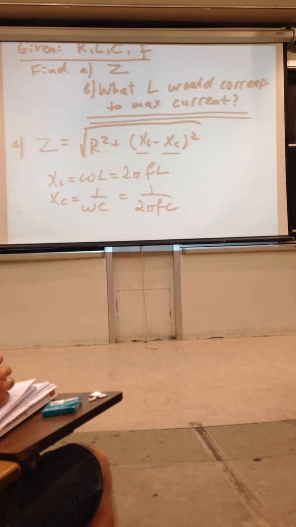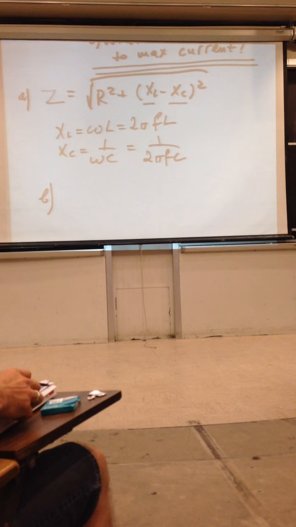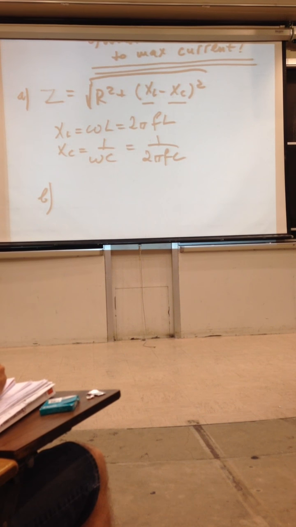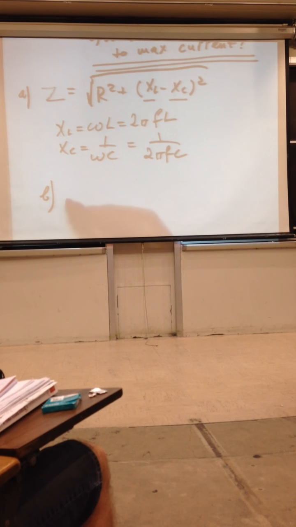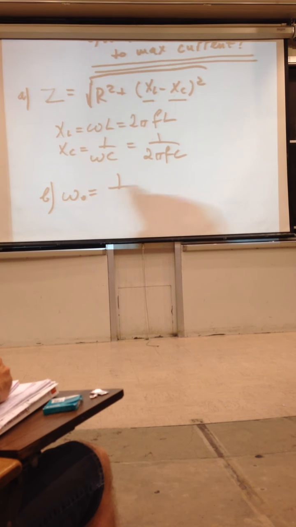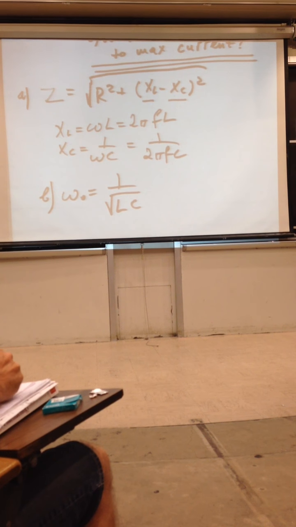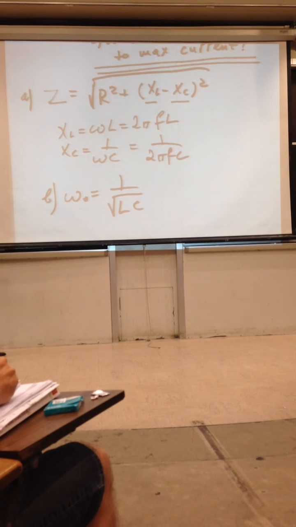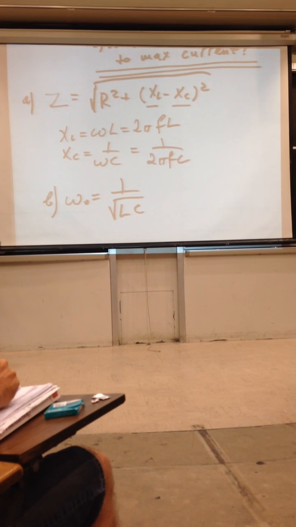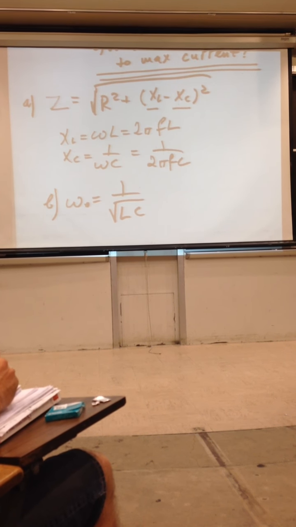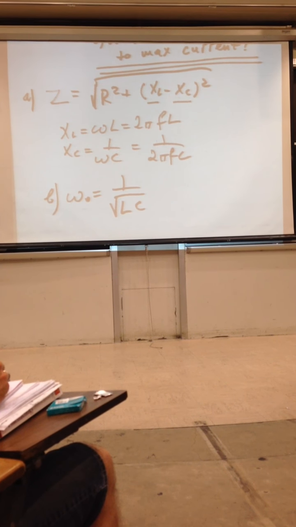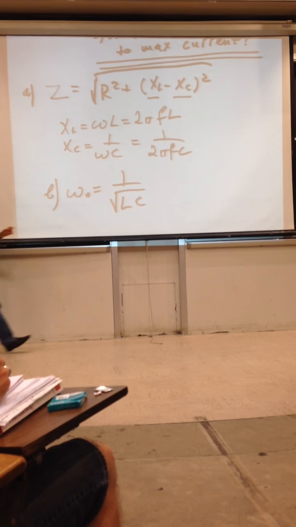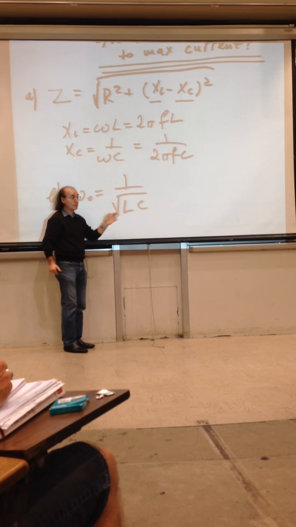Now part B is talking about maximum current. Maximum current corresponds to resonance frequency, and the resonance frequency is given by this formula. You should determine basically at this frequency, either you can keep the frequency and change this or both of them, okay?